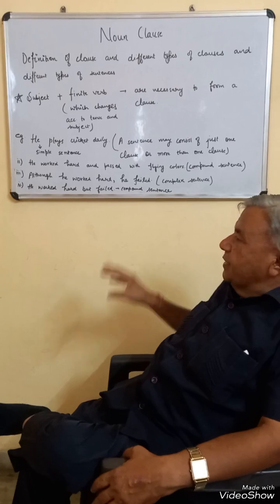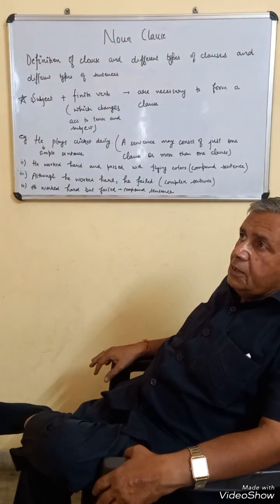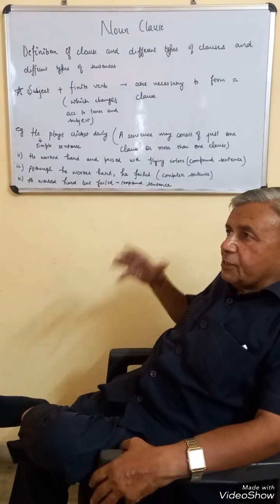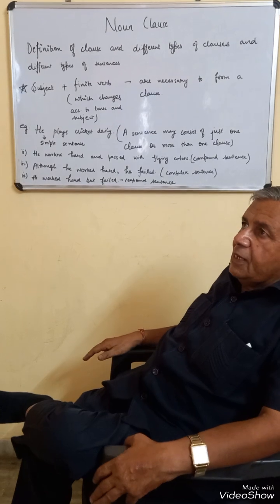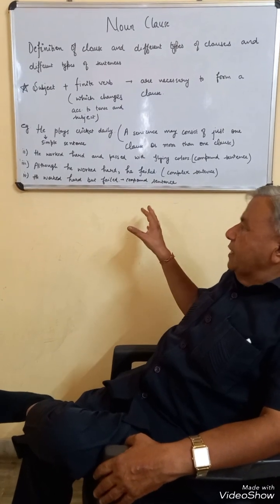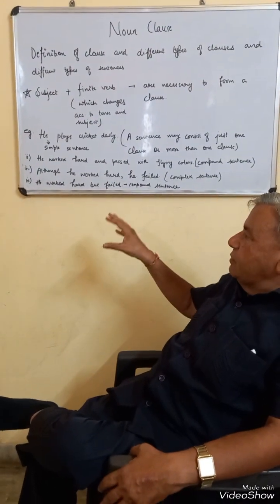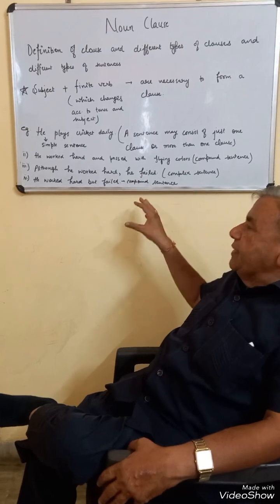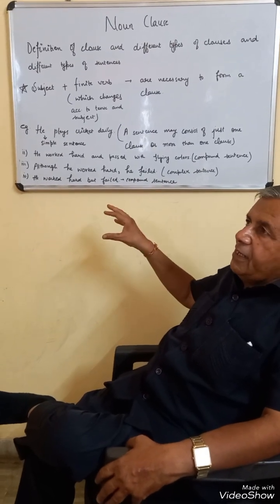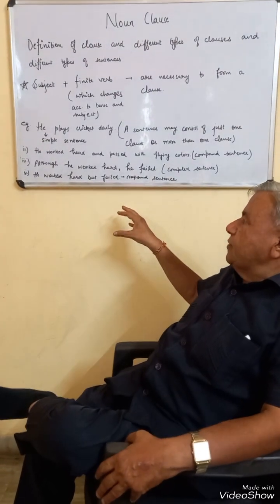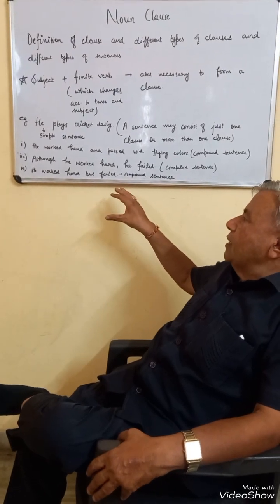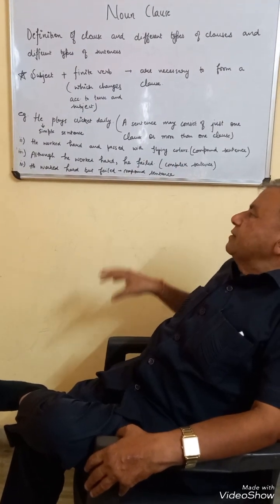So sentences which contain two or more independent clauses connected by coordinate conjunctions are called compound sentences.